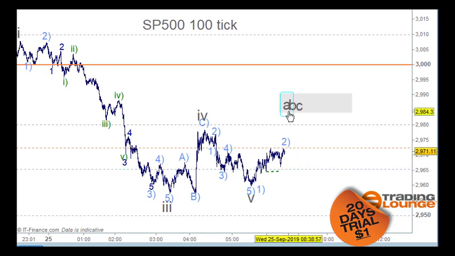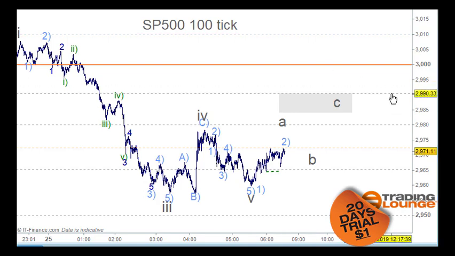Okay, so that means that this in here would be some sort of A, B, and C coming into this particular space here. I just need to put that there to bring that across. So we could be looking at an A wave, a B wave, and a C wave rally here.